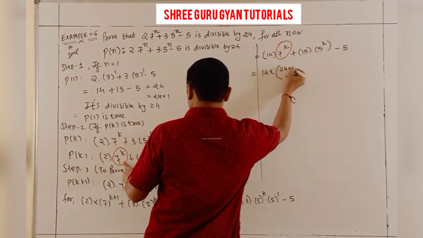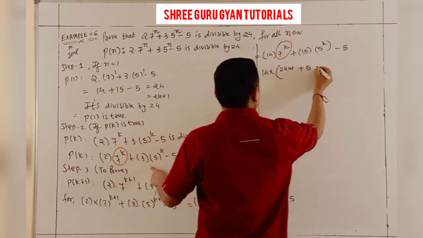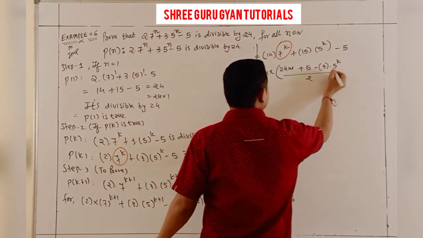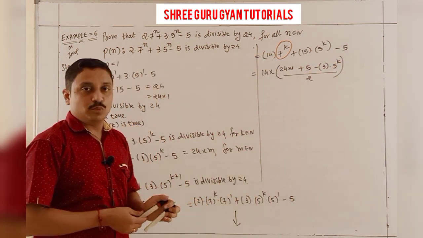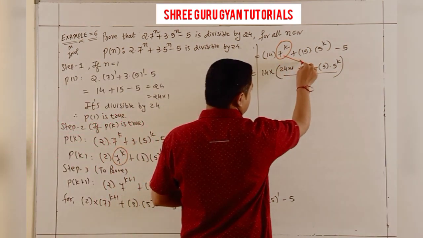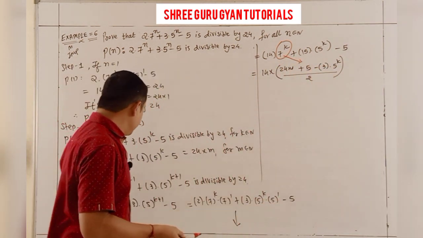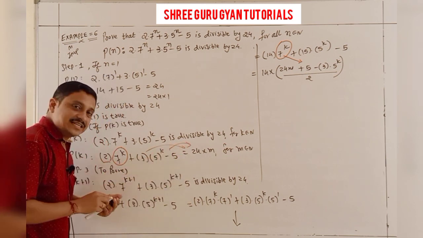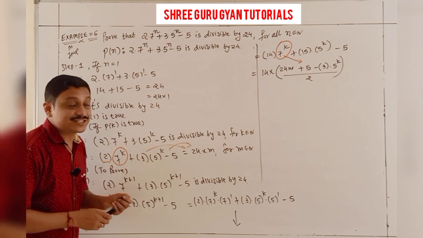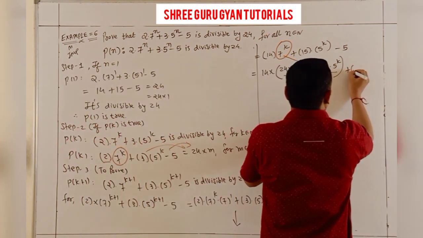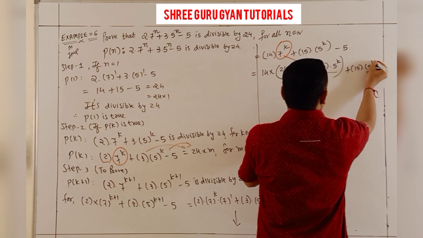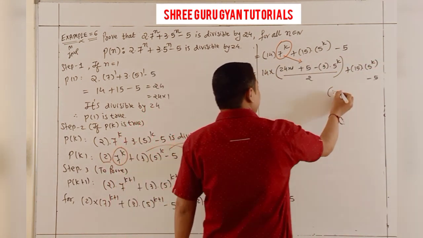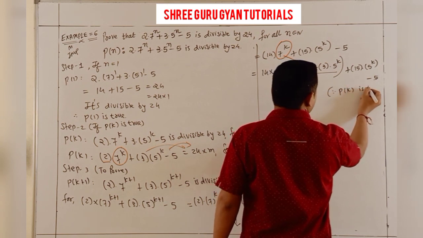It is 24m plus 5 minus 3 into 5 raised to k, divided by 2. One more time, this value actually comes from here. This term I take to the right side and these two are divided there. Then it divides 7 raised to k, and the other 15 with 5 raised to k, same, minus 5 same here, because P(k) is true.